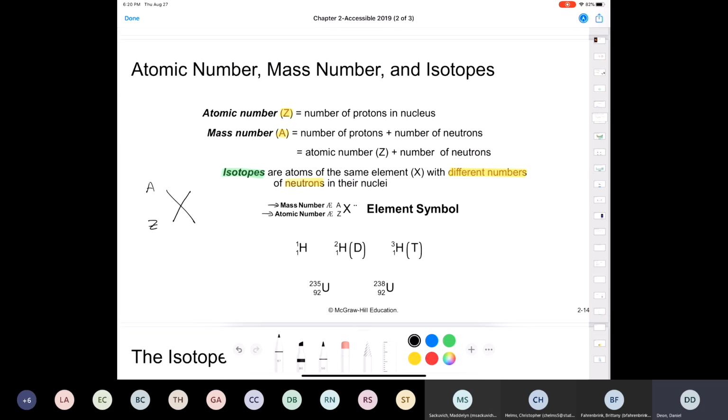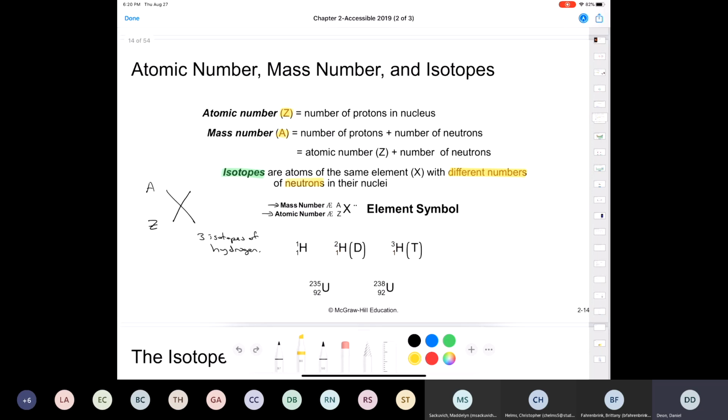And so there are 3 isotopes of hydrogen. You can see that they all have the same atomic number. What do I mean? They all have the number 1 down here. That means they all have 1 proton, so they're all the same element, hydrogen, but they're different isotopes.